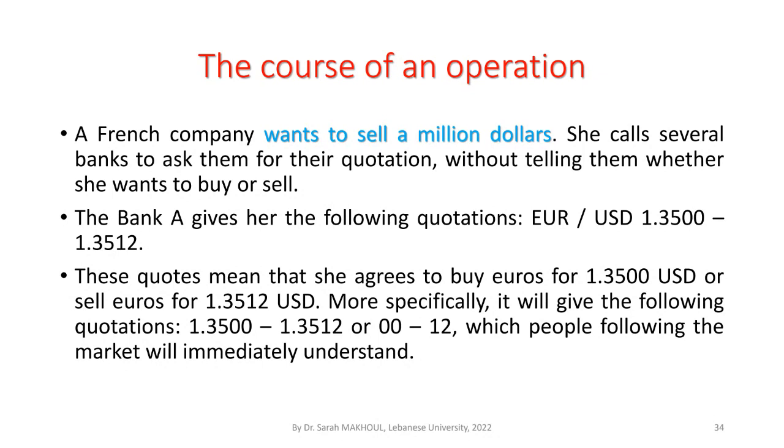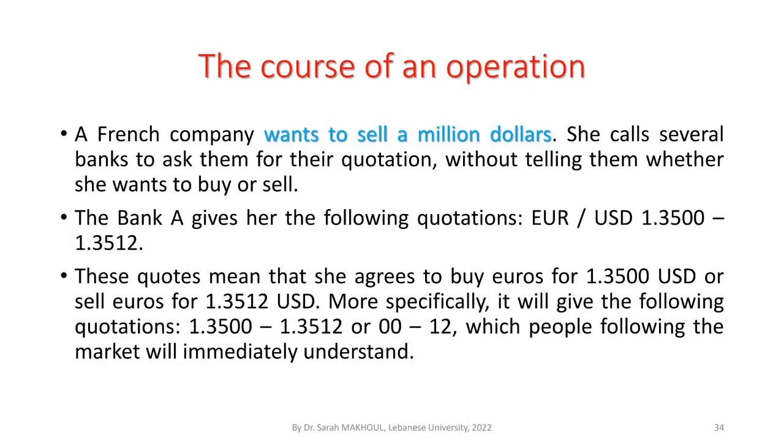Take into account that it is a French company, so it is located in France, and we need to know that in France we are on direct quotations, and France uses the floating exchange rate regime.